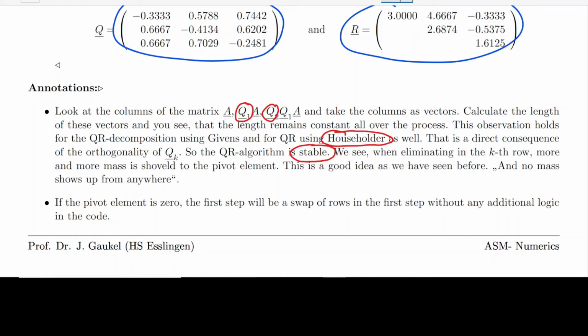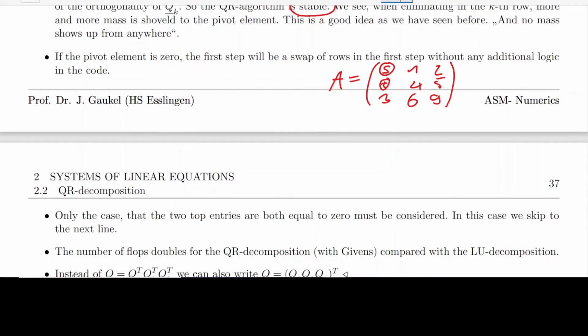But what if two zeros are there? If A is, for example, 0, 0, 3, then S is 0 and T is 0, and that's what we have to take care of in the algorithm. Otherwise, we will get a division by 0. That's what I say here.